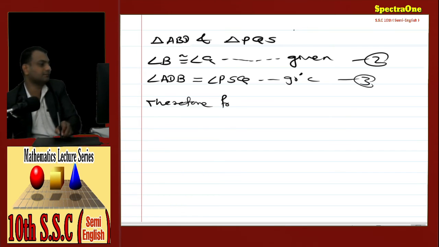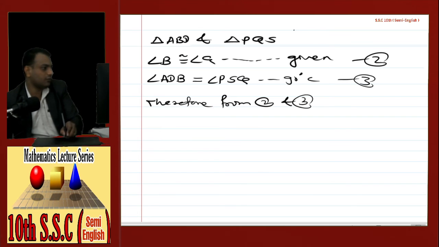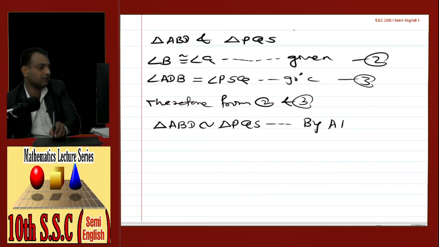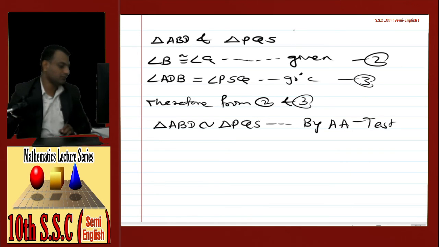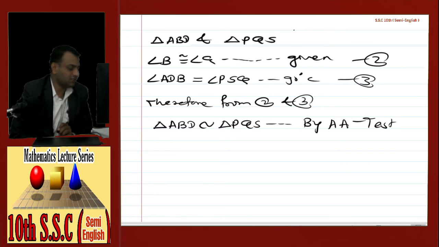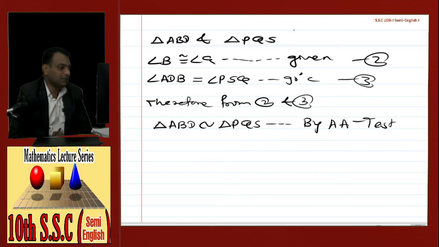From 2 and 3, we can say that triangle ABD is similar to triangle PQS by angle test. By the angle test, these two triangles are similar.